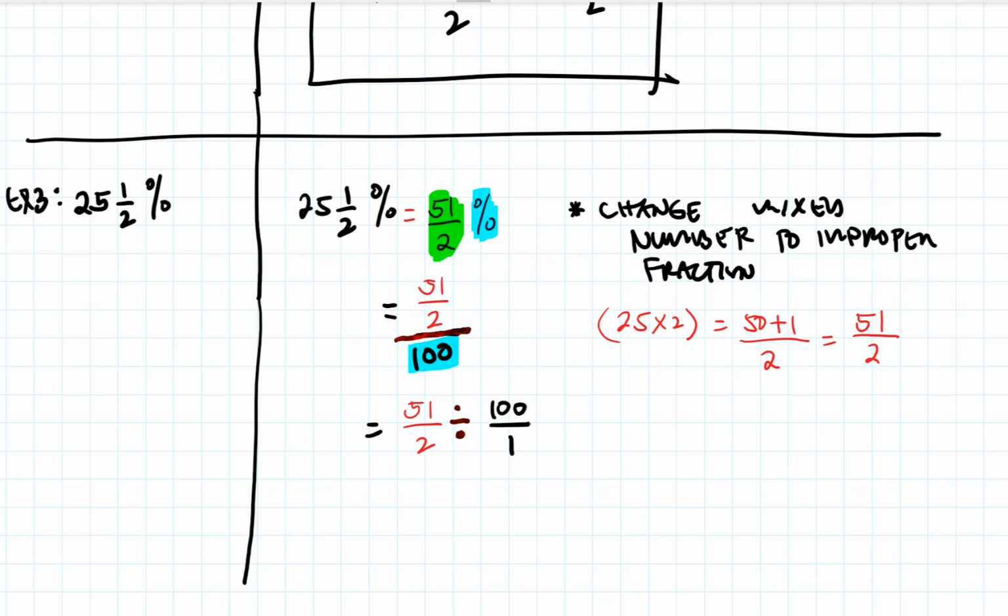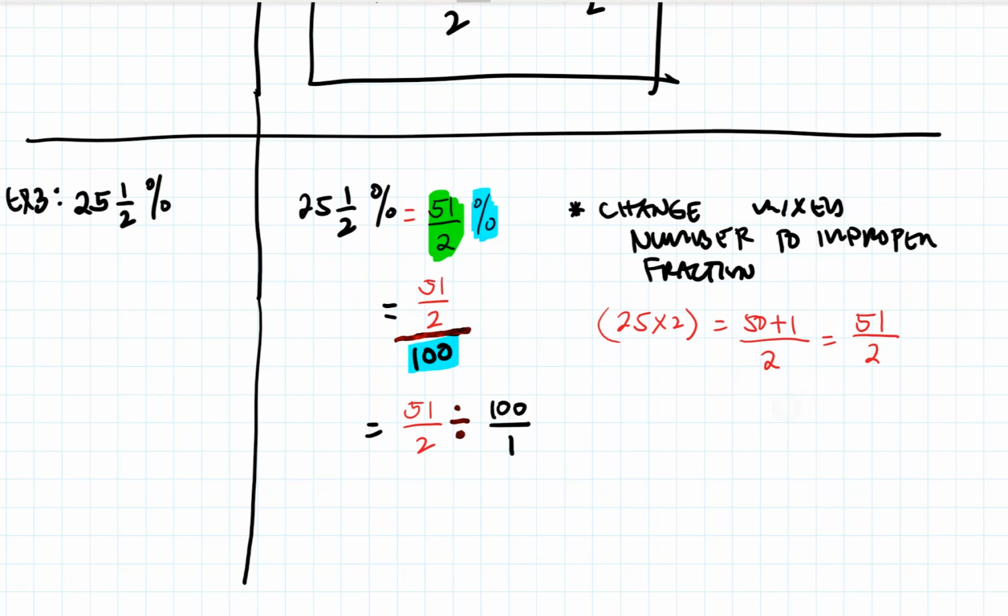Remember that a whole number can be written as a fraction by dividing by 1. Now do this operation here. What is 51 over 2 divided by 100 over 1?